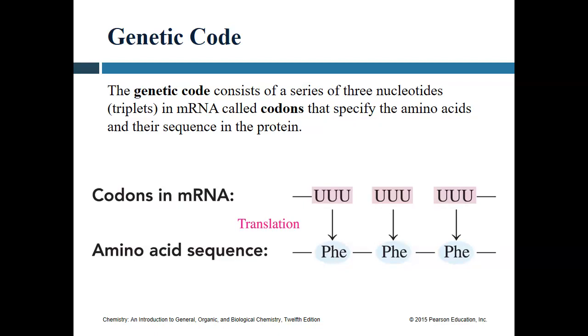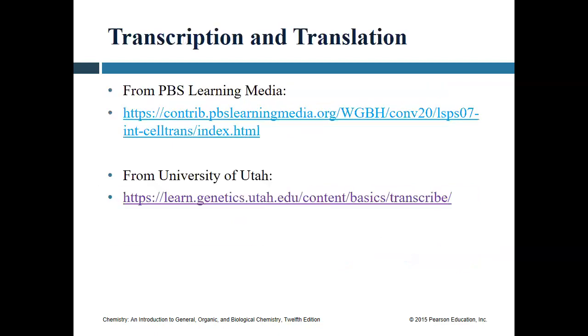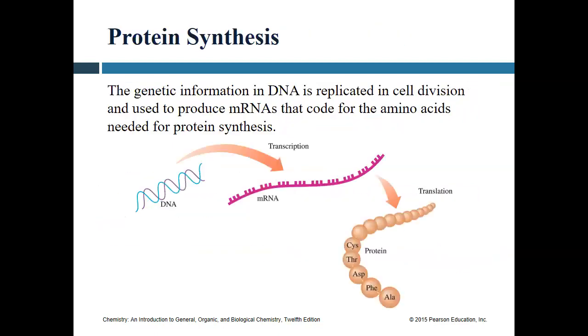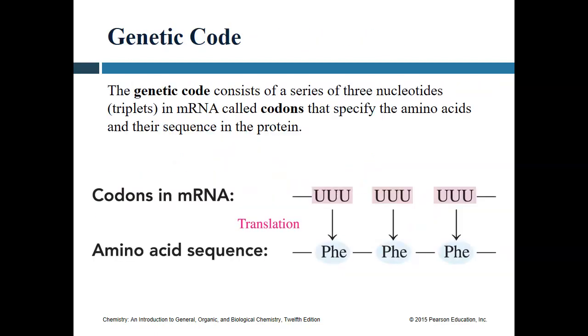And that would give us a phenylalanine amino acid. So the triplets here give us the codons that tell us which transfer RNA needs to attach.